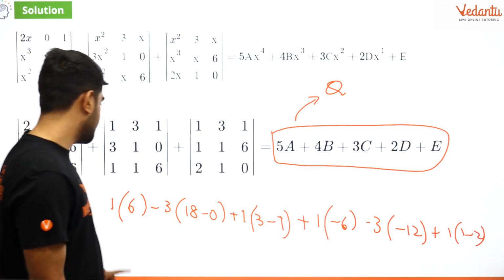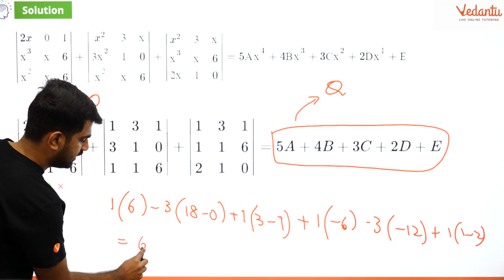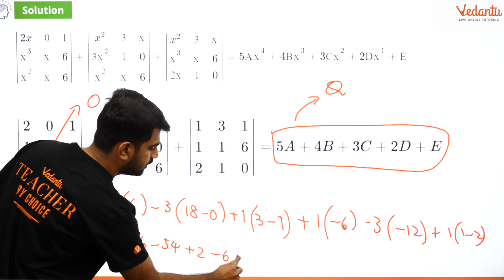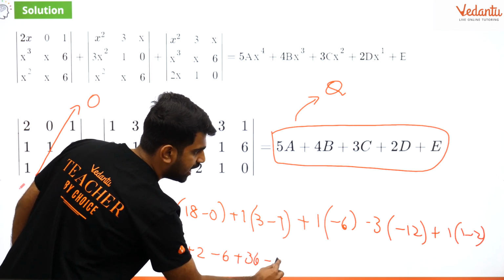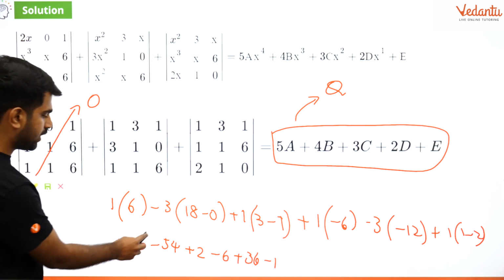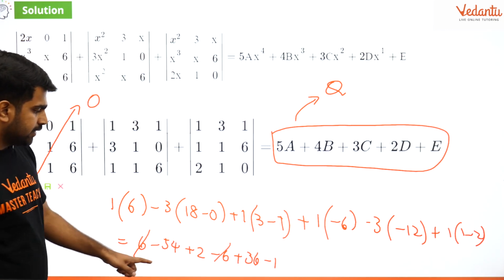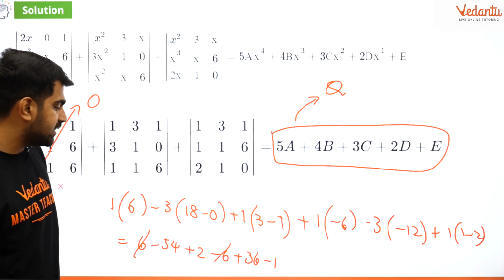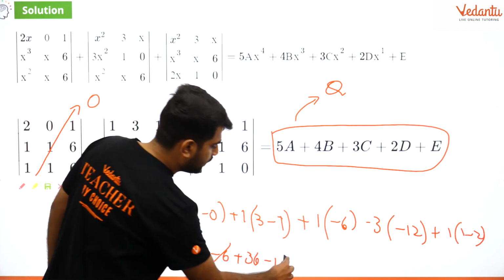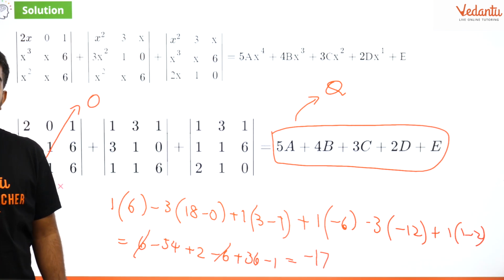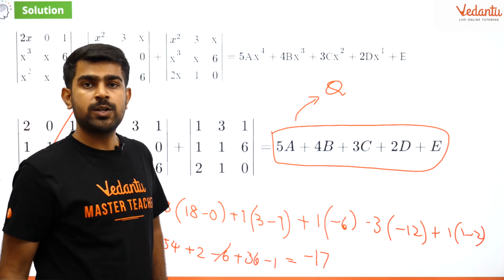So what do you have here? You have 6 minus 54 plus 2 minus 6 plus 36 minus 1. What will that value be, guys? I can cancel out plus 6 and minus 6, and then minus 54 plus 36 is going to be minus 18, and then minus 18 plus 1 will be minus 17. Okay, so that will be the answer for my question.